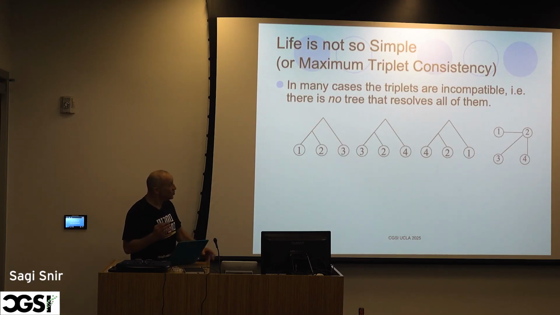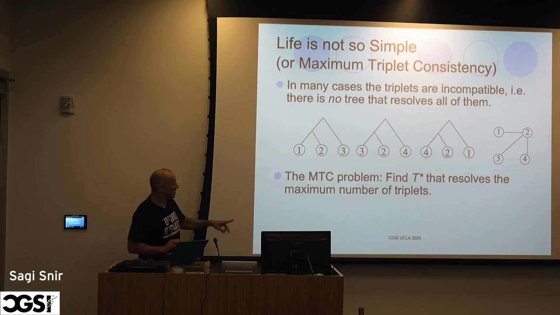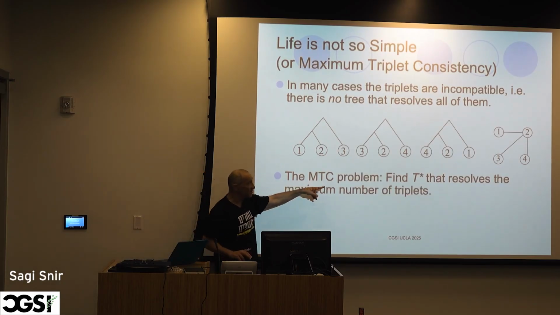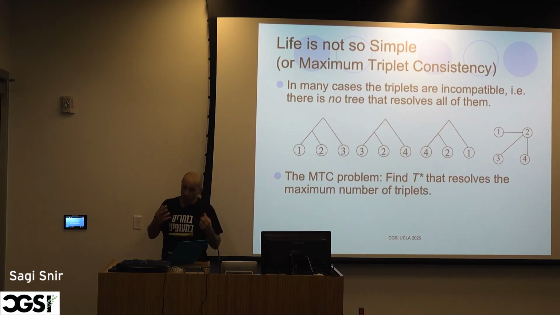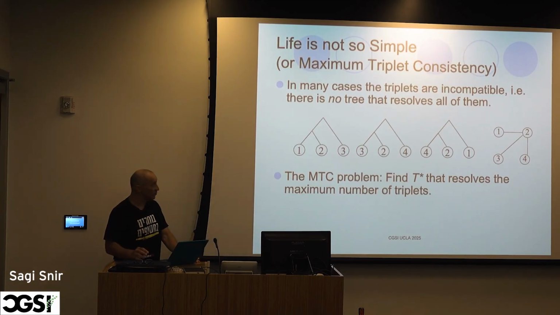So, no. You need to provide solutions, and the MTC problem is find T star that resolves the maximum number of triplets. So this is our goal now, and this is also in real life software.